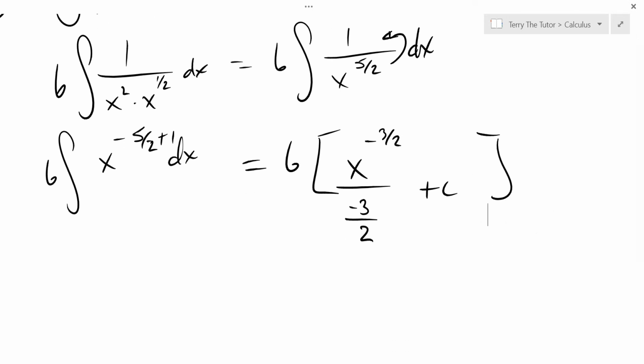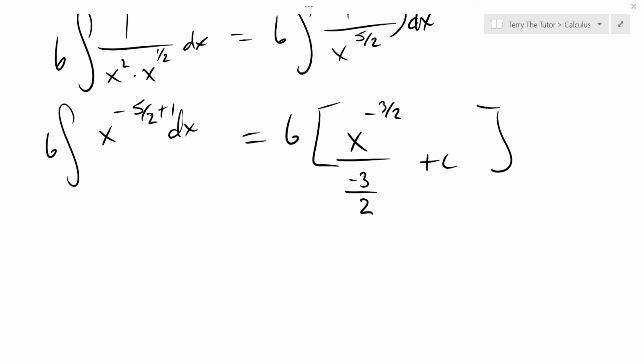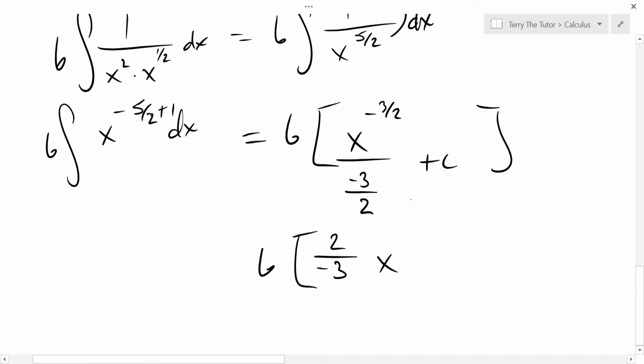And when we are dividing by negative 3 over 2, that's the same as multiplying by 2 over negative 3. So I've got 6 times 2 over negative 3 x. Let's actually get rid of that negative exponent now. So we've got times 1 over x to the 3 over 2 plus c.